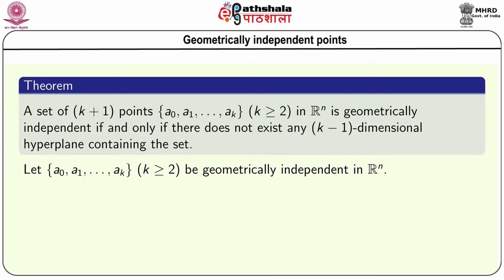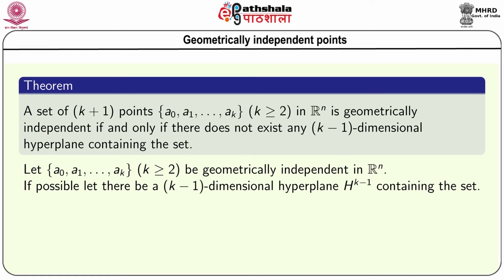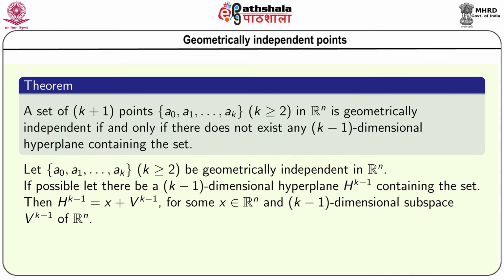Suppose a0, a1, ..., ak be geometrically independent in Rn, where k is greater than or equal to 2. If possible, let us assume that there is a k minus 1 dimensional hyperplane Hk minus 1 containing the set. Then Hk minus 1 is equal to x plus Vk minus 1 for some x belonging to Rn and k minus 1 dimensional subspace Vk minus 1 of Rn.